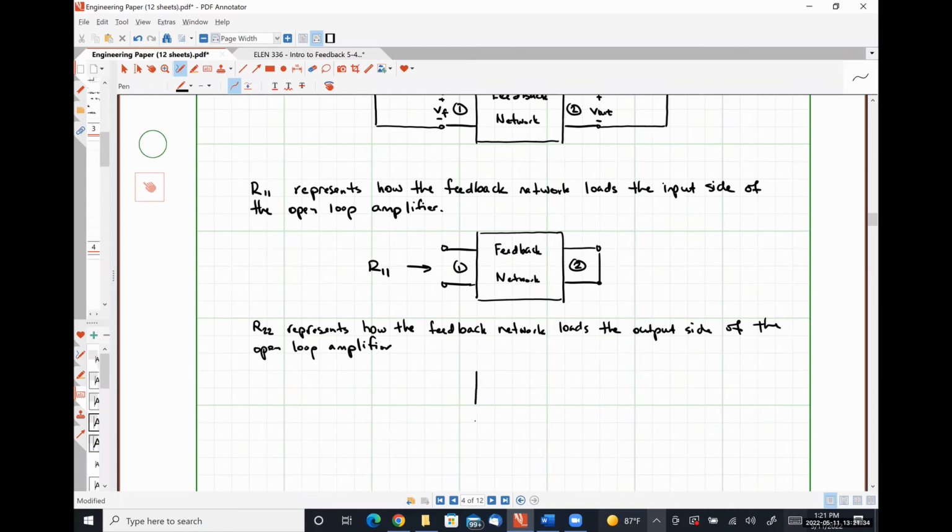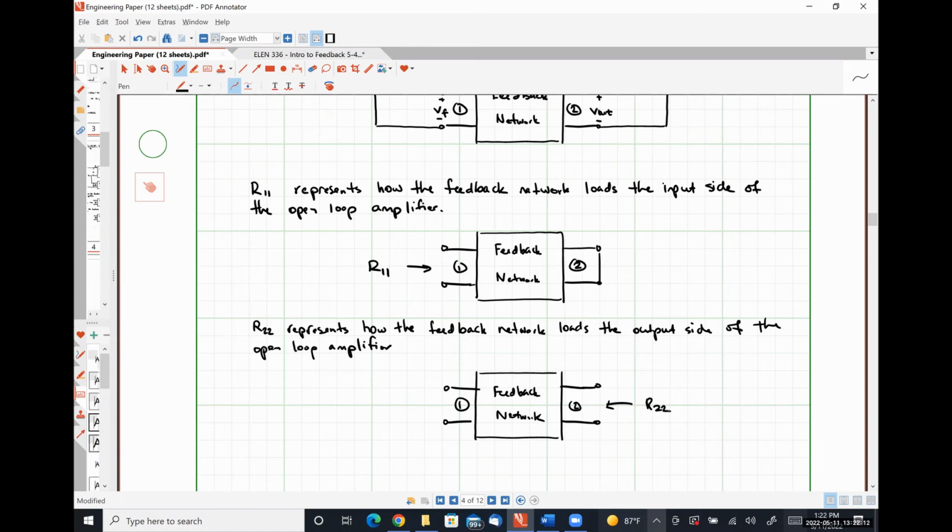And so what we do to determine that quantity, we take our feedback network, here's port 1, here's port 2, and we look into port 2 with port 1 open circuit.